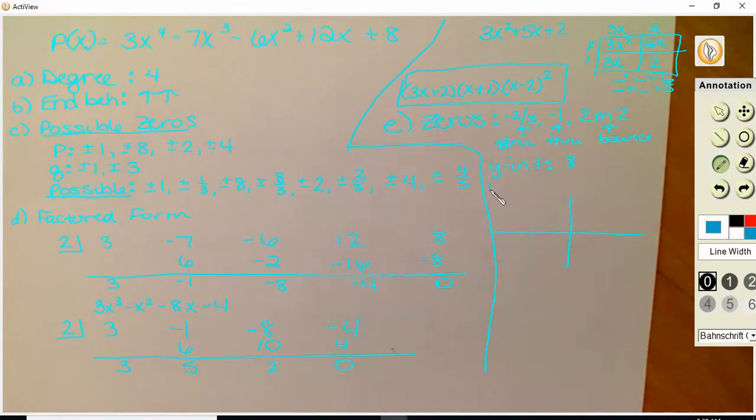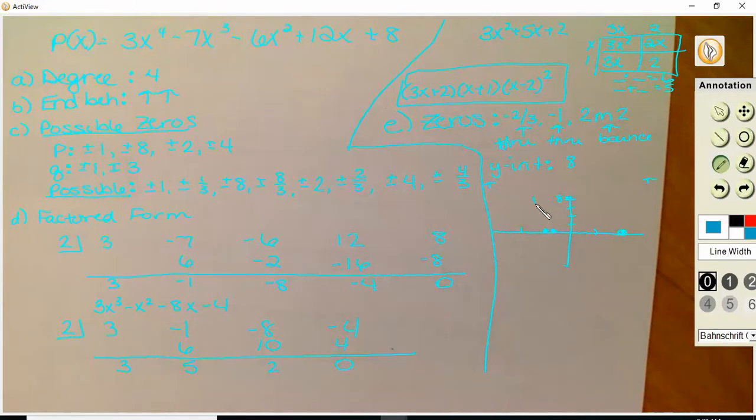We said our end behavior was up, up. Get the y-axis at 8. The x-axis at -2/3, -1, and at 2.